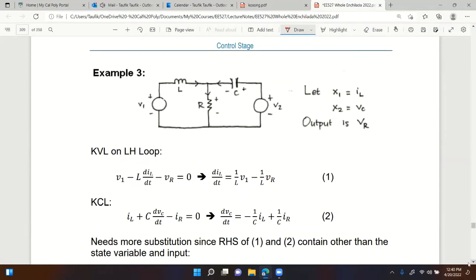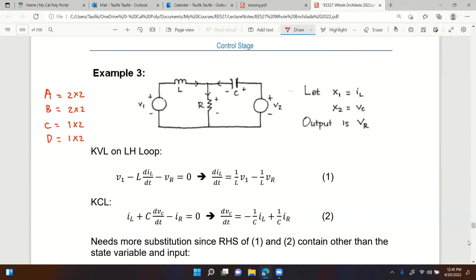Knowing that we have 2 state variables, A should be 2 by 2, B should be N by I, 2 by 2, and C should be O by N, so that's 1 by 2, and D would be O by I, 1 by 2. Let me double check. O by N is 1 by 2. O by I is 1 by 2. Yes.